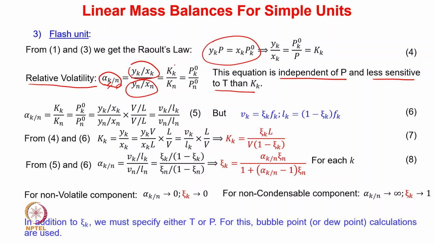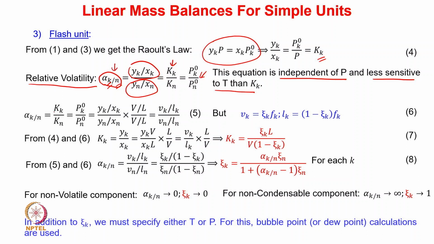So Yk by xk is nothing but Kk. That is what we have derived here in the equation number 4. So Kk divided by Kn, that gives us the alpha Kn, which is nothing but the relative volatility of the component K with respect to the key component N. So this is given as Pk naught divided by Pn naught, isn't it? So you can clearly see that Pk naught and Pn naught, these both can be calculated by using Antoine equation, and we can calculate the relative volatility.